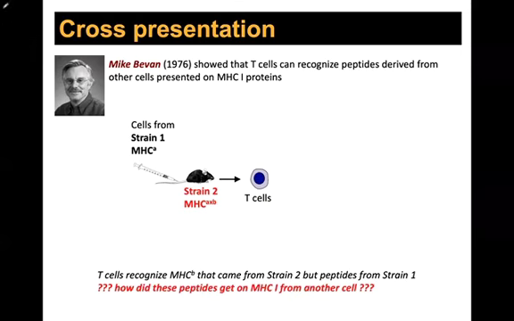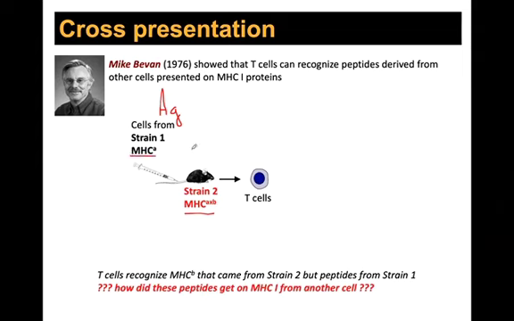And so in this case, what Mike did is he immunized mice, black 6 mice, that had MHC-A and B. Okay, so they were MHC-A haplotype and MHC-B haplotype. And he immunized them with an antigen. In this case, the antigen are cells from BALB/c mice, or strain 1, that only had MHC-A.